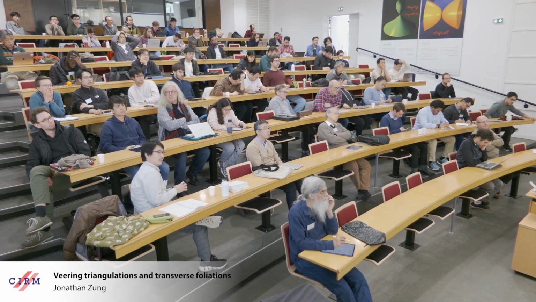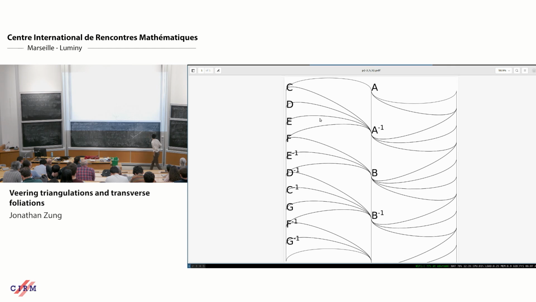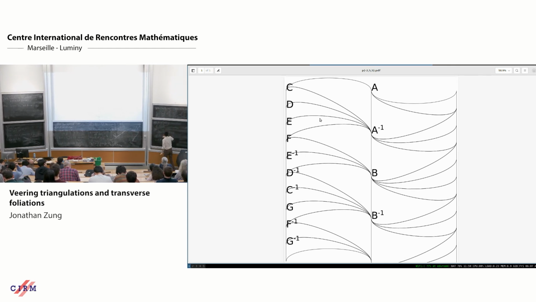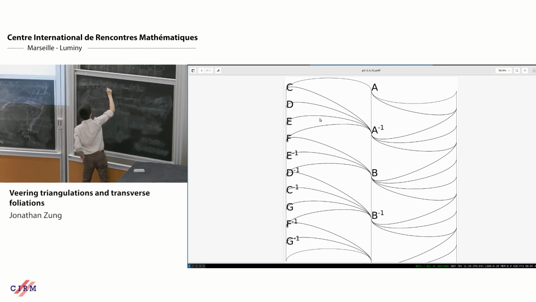So my promise was that I would show you some pictures of this set Z. I'm going to look at some manifold M with two cusps and some pseudo-Anosov flow phi on M. Okay? And we're going to consider this family of Dehn fillings with slopes S1 and S2.